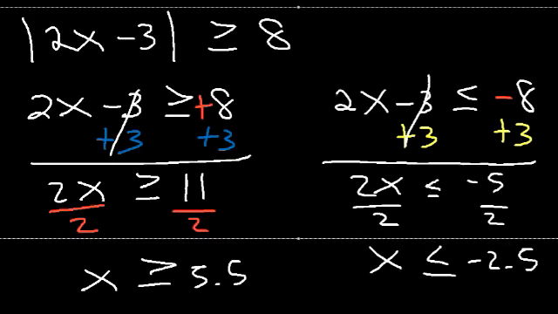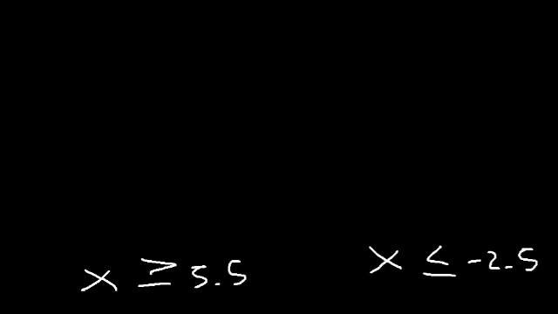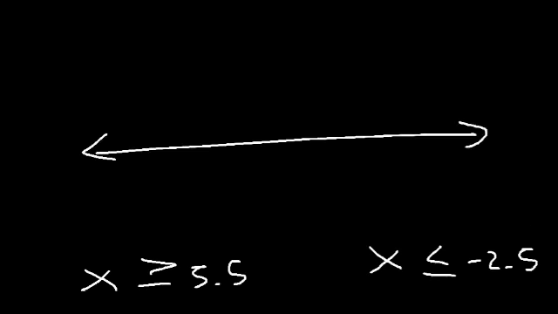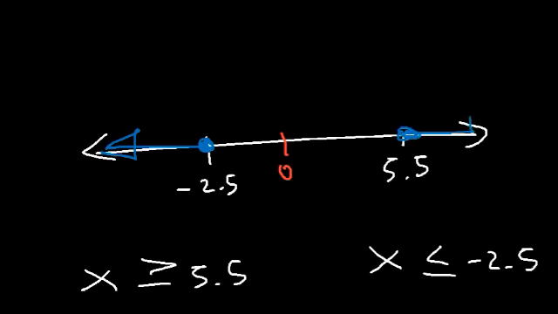So now let's plot the solution on a number line. Here's negative 2.5, and here's 5.5, and 0 is somewhere in the middle. So x is less than or equal to negative 2.5. We have a closed circle, shaded to the left. And for the other one, x is greater than or equal to 5.5, so it's shaded to the right.